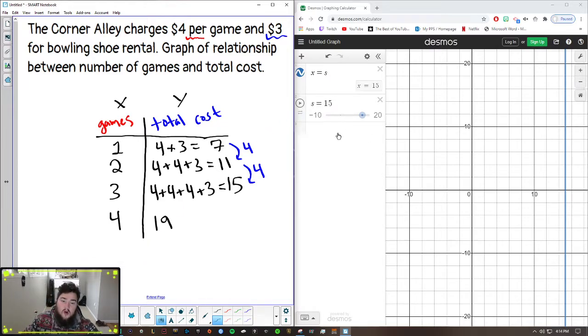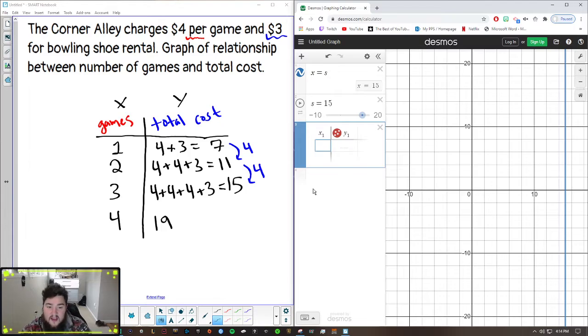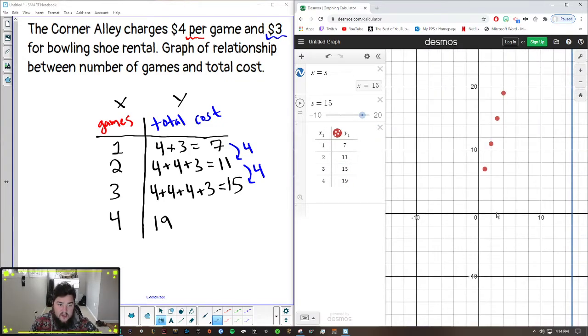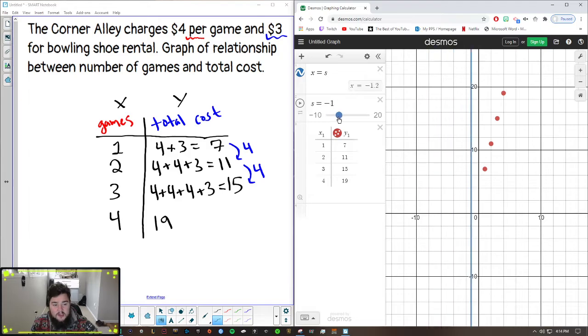So I'm going to go over to my Desmos. I'm going to add a table. My X values were 1, 2, 3, 4. My Y values, my cost, was 7, 11, 15, and 19. So I'm going to make sure I can see all my points. I'm going to take my pencil, put it up on the graph, and I'm going to check.